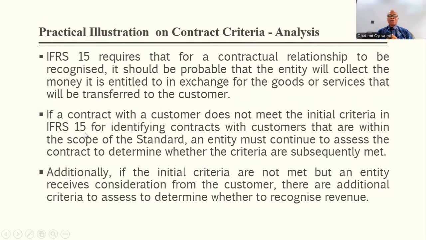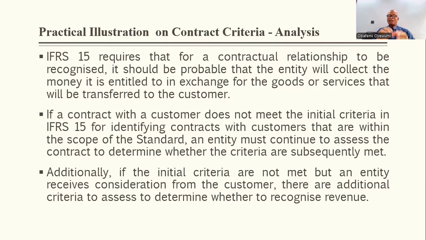And then it says that if a contract with the customer does not meet the initial criteria in IFRS 15 for identified contracts with customers that are within the scope of the standard, an entity must continue to assess the contract to determine whether the criteria are subsequently met. So in this case, it cannot be said that a contract exists between the two entities.